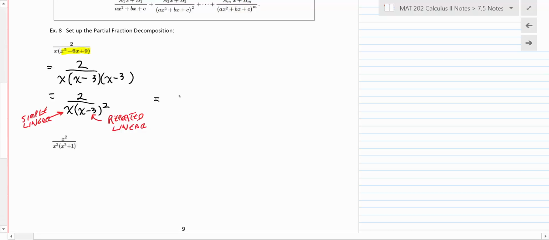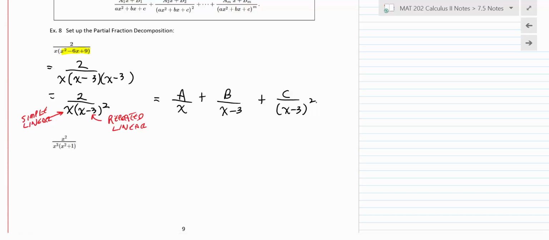You're going to say A over x, plus B over what? x minus 3, then what? There you go. You have to set up those repeateds that way. I'm not going to solve that because I've done a bunch of that. I just want to review the setup of these things.